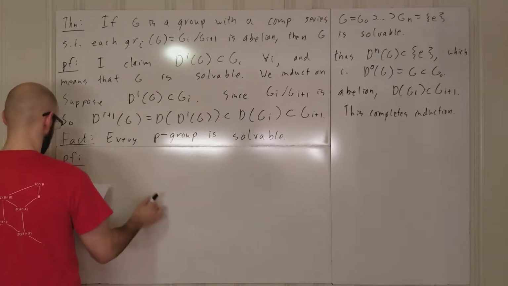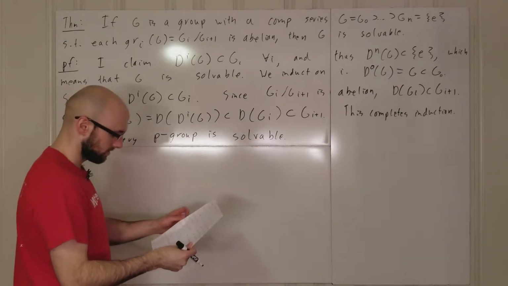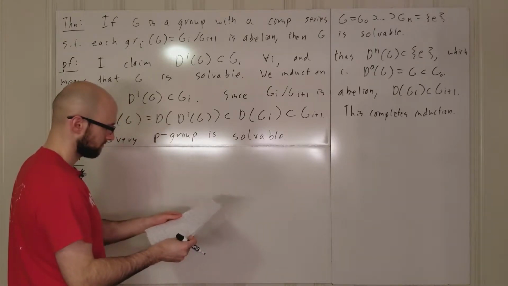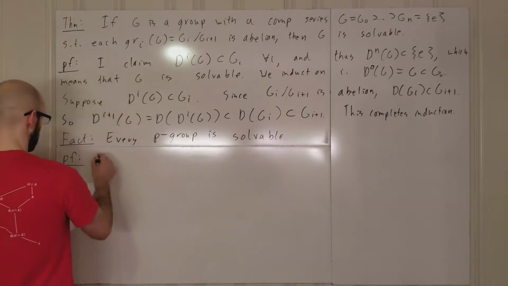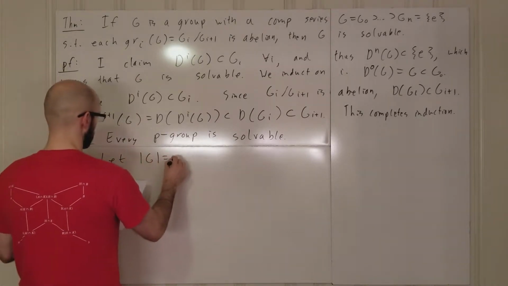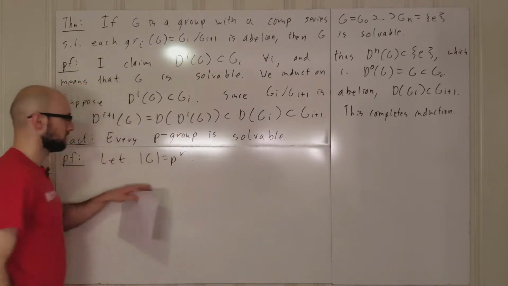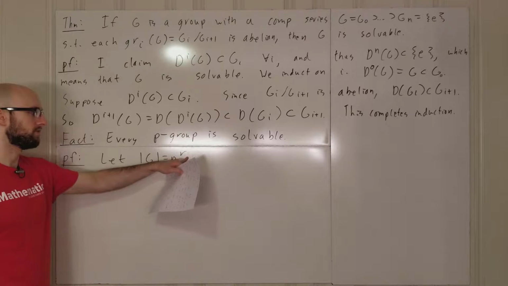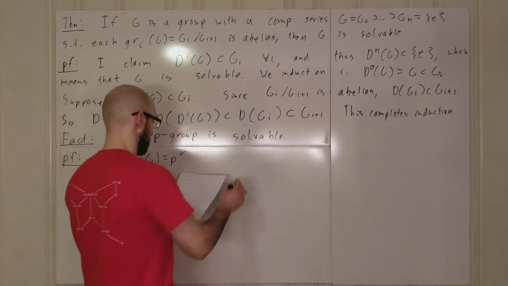Are we inducting on r? Here, let G be a group of order p^r. So obviously G is a group, p is a prime, r is some integer greater than or equal to 1.